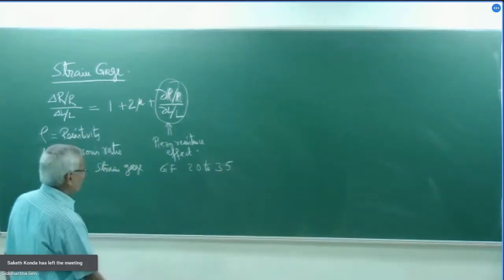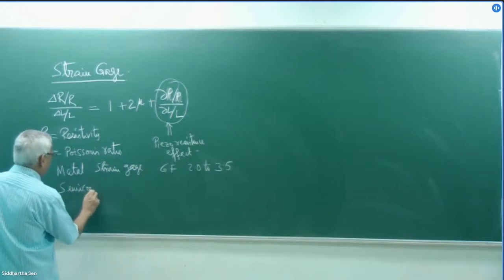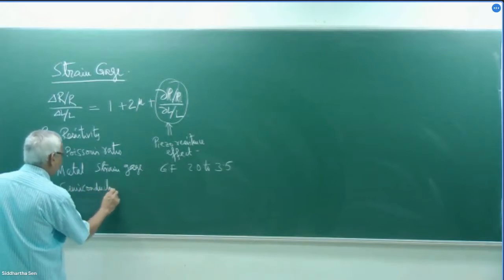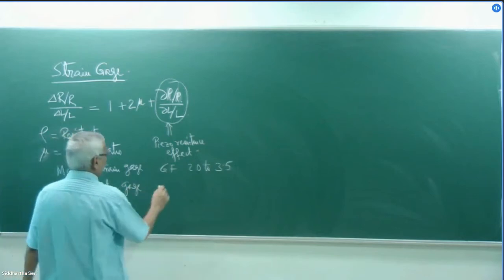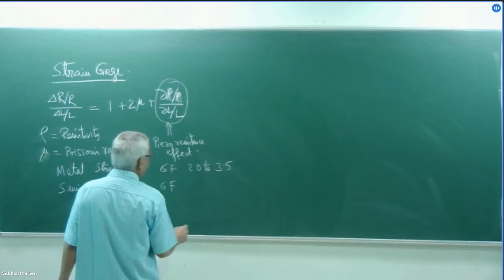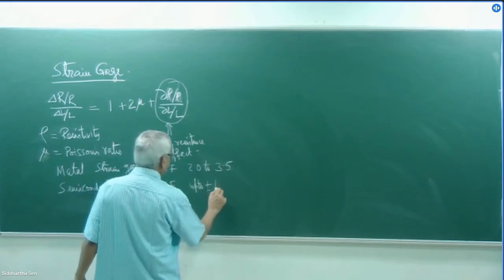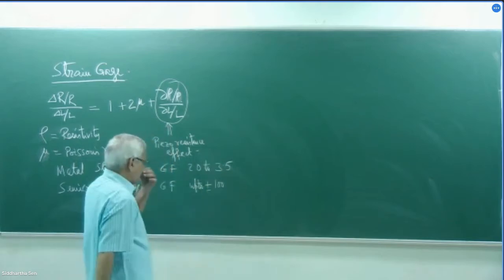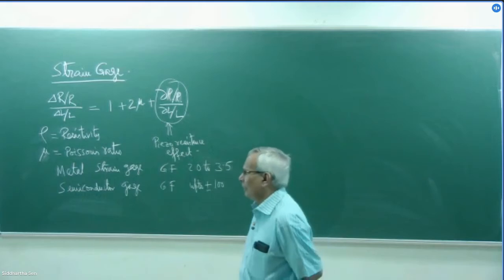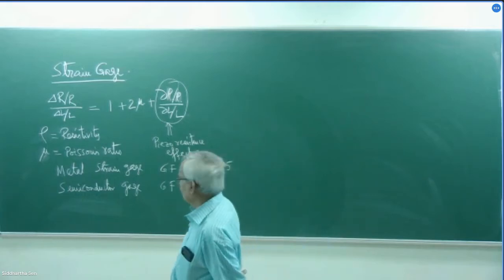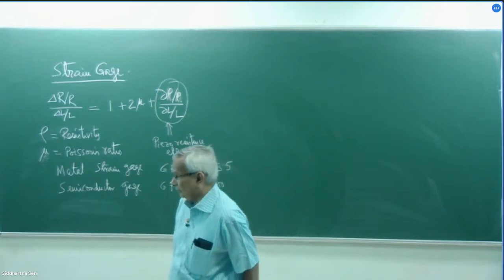And we have a semiconductor type strain gauge, where the gauge factor can vary up to plus or minus 100, and plus or minus depends upon whether the semiconductor strain gauge is P type or N type.